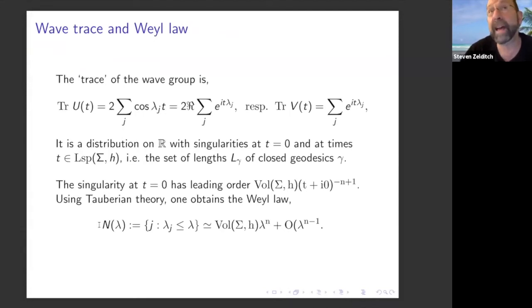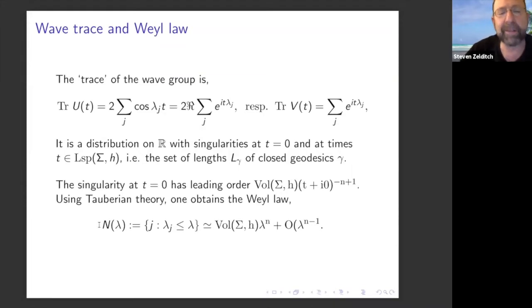The beauty of that is that it's the boundary value of a holomorphic function in the upper half plane. So it was discovered by Gutzwiller and Balian-Bloch, and later proved as a rigorous theorem by Colin de Verdière, Chazarain, Duistermaat, Guillemin, that these tempered distributions have singularities only when t equals 0 or t is the length of a closed geodesic. I'm pretty sure this is familiar ground to many people here.